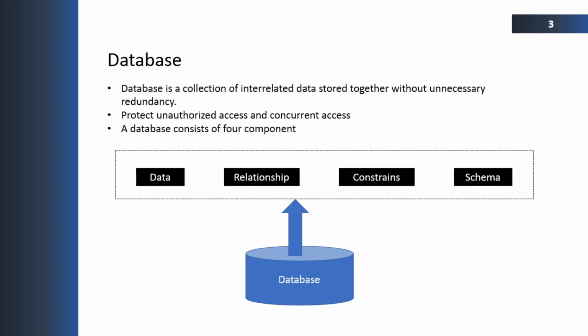Concurrent access is when, suppose 4 users are using the same database simultaneously, then the database should have some solution to serve those users. Also, a database consists of 4 components: the data itself, a relationship between the data, constraints and schema. We will discuss all these 4 components in detail in the upcoming parts.